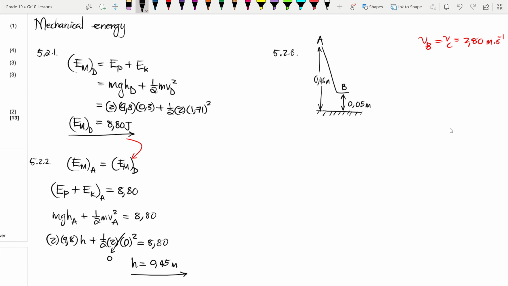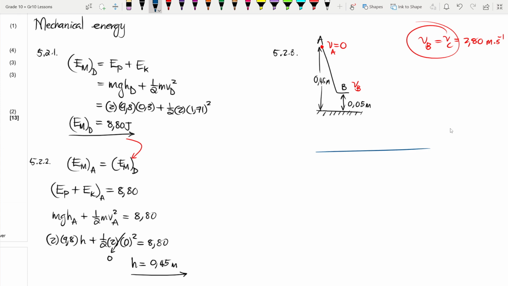But okay, let's look at what we should do for just future reference so that you'll never get this one wrong. So you're gonna have your given data. In this case, we have the speed is 0. I'll just call it VA, and then we are looking for VB, but we do have the height at B. And take note that the velocity at B will be the same as the velocity at C. That's mechanical energy.